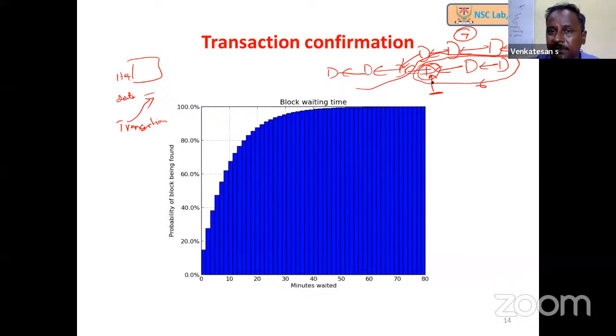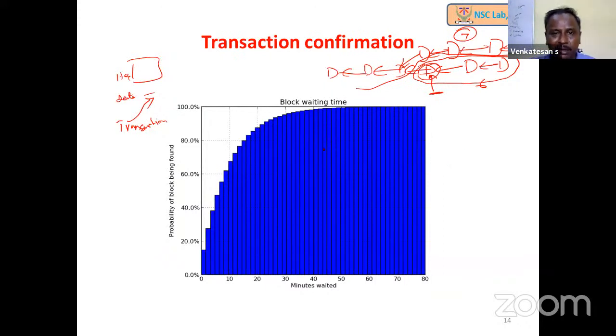So that's the reason Ethereum as well as Bitcoin say that if a transaction is committed into a block, we have to wait for a certain number of blocks to ensure that the particular block will be part of the main chain.